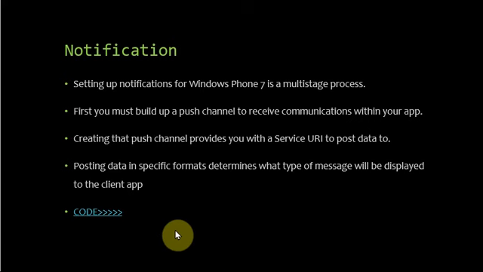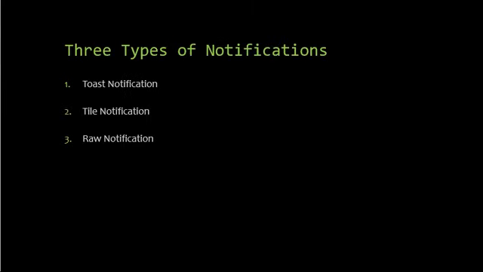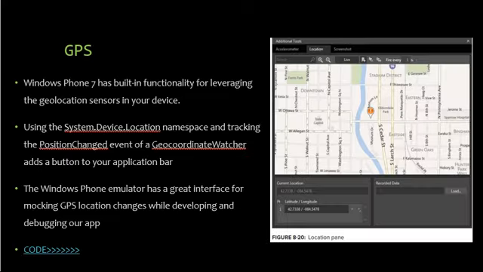The sample code shows that if the channel is not there, you create a channel, and after creating the channel you update the URI. Then you select the notification type, depending on how you want the information to be displayed. So that is all about notification, the three types we already saw: toast, tile and raw.